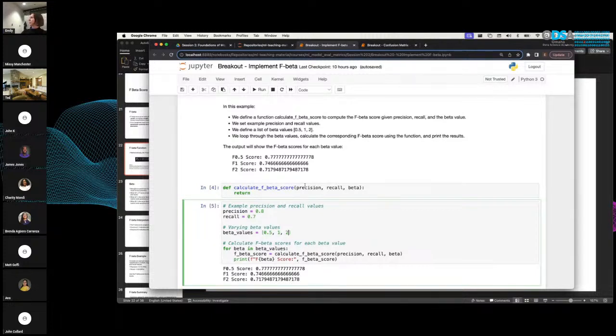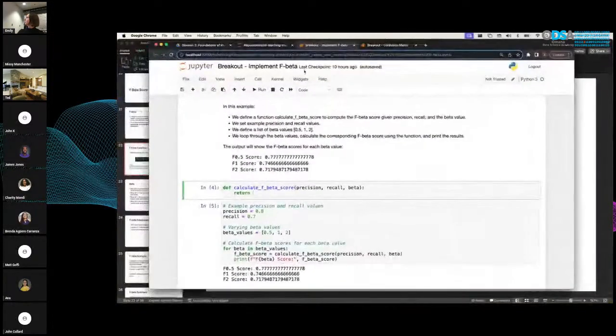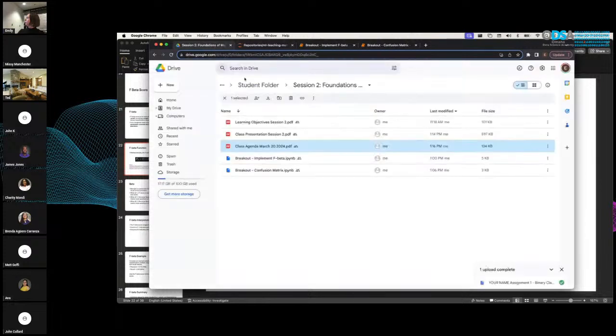Then it's going to print them out. At the top here I put what you should get if it is calculated correctly. So go ahead and spend, how much time did I say?